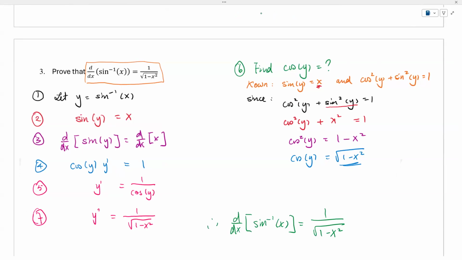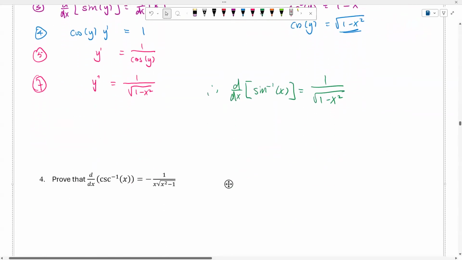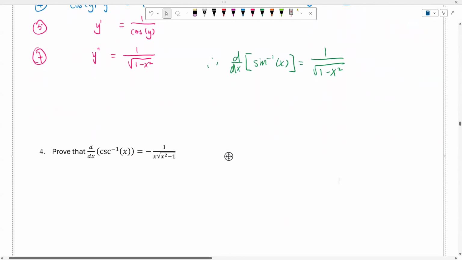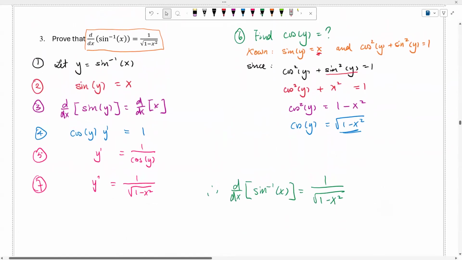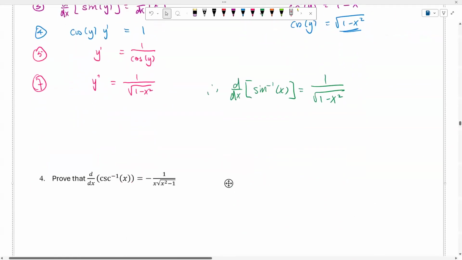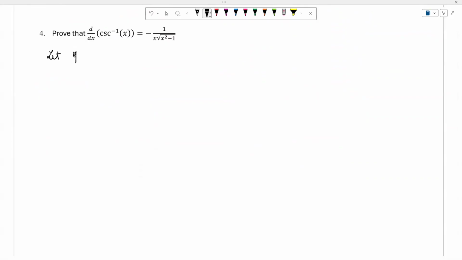So now it is your turn. Go ahead and try to see if you could work on the next proof. Try to see if you could follow these 7 steps to finish the problem. I would like to let y equal to the cosecant inverse of x.